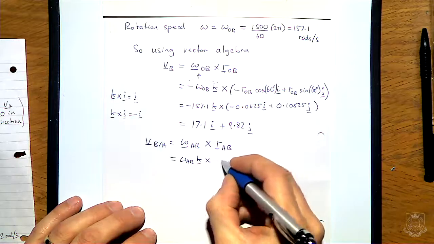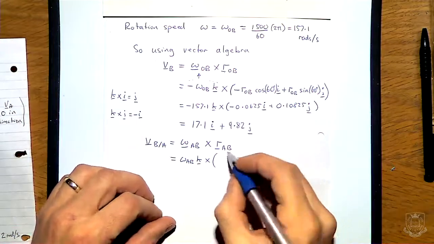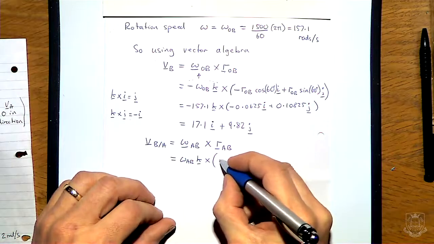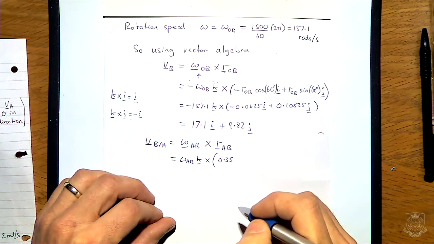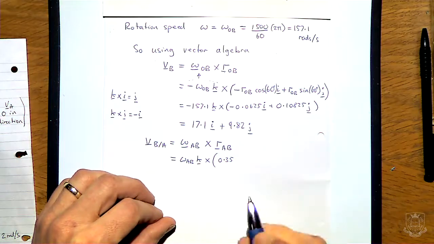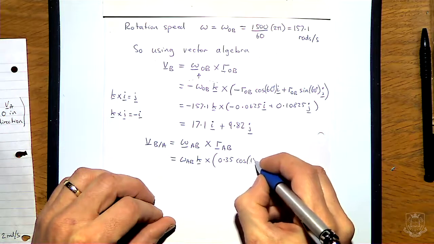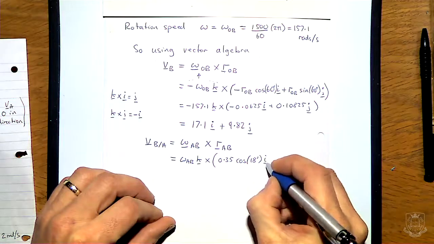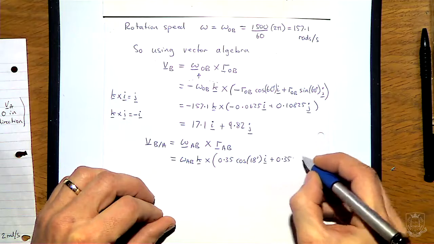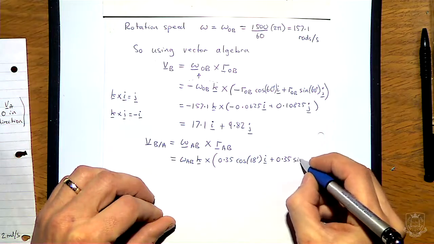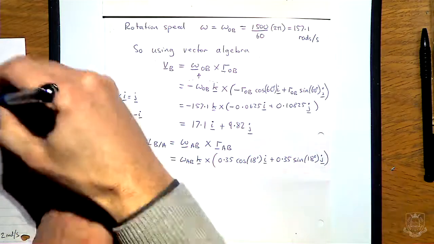That's got to be crossed with this distance vector, and I've got some dimensions from the original question, so I know that the length is 0.35 meters, because it was 350 millimeters along that slider length, and I've got an angle cos 18 degrees. That's my i component. Then I have a similar thing for our j component: it's 0.35, but this time times the sine of the 18 degrees.